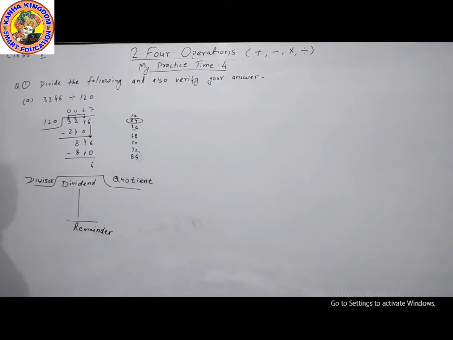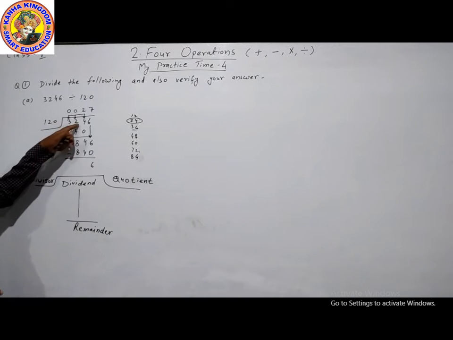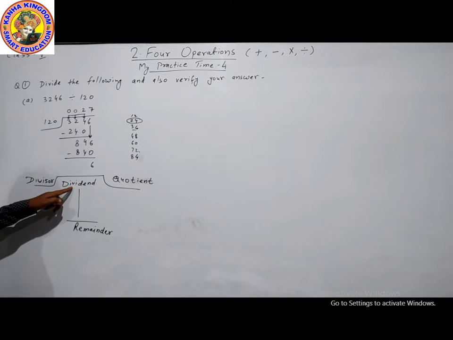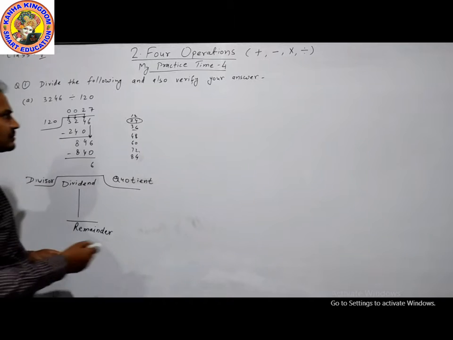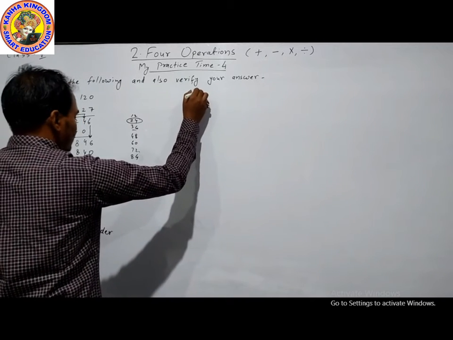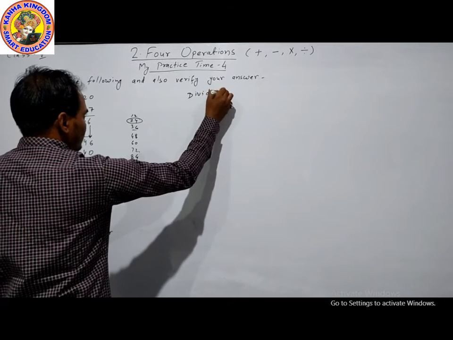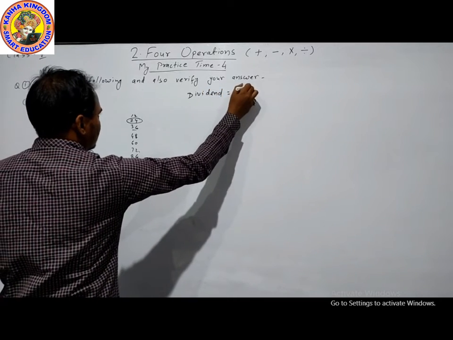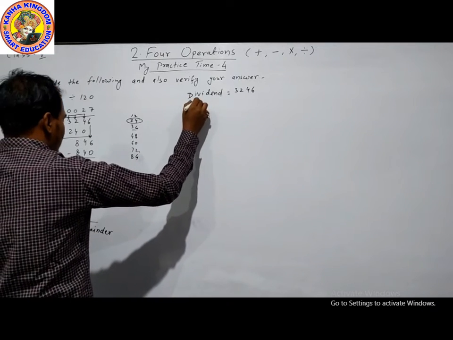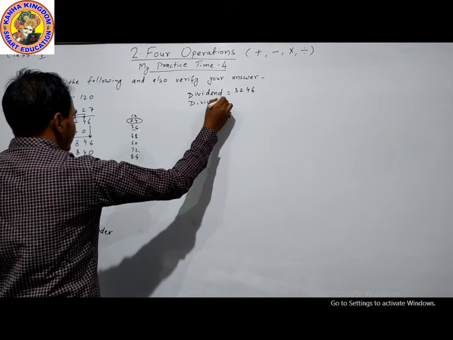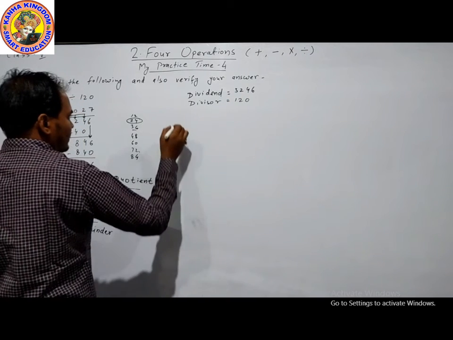When we take a division, this part is called the dividend. Here is the divisor, here is the quotient, and the last digit we get after division is called the remainder. So in this question, what is the dividend? The dividend is 3246. What is the divisor? The divisor is 120.